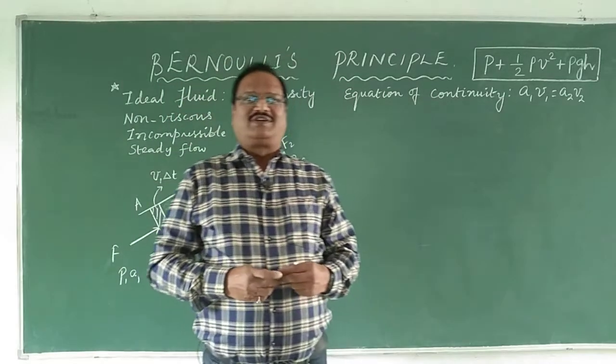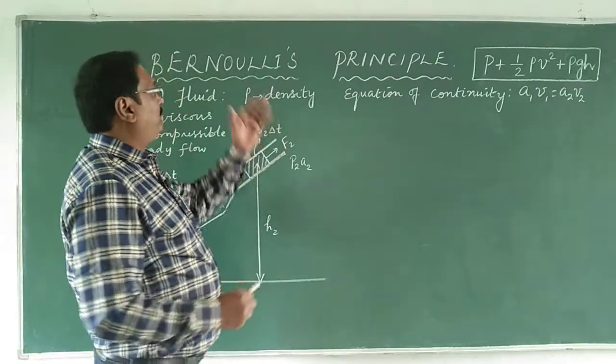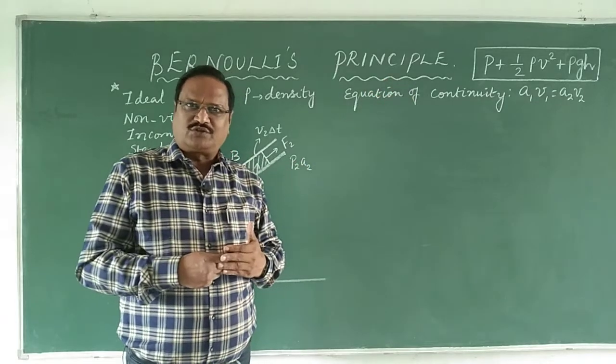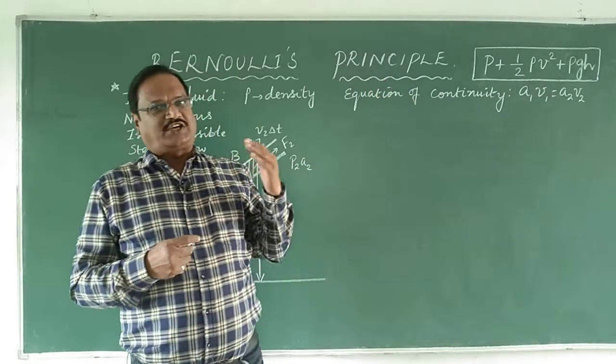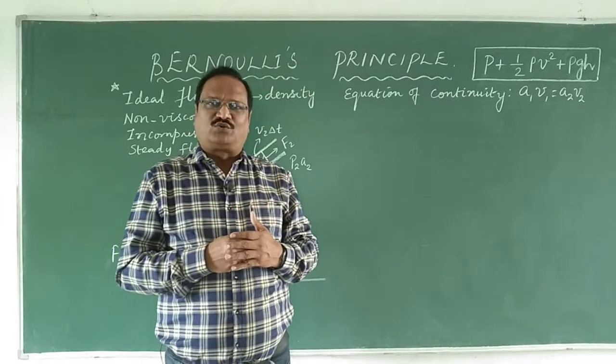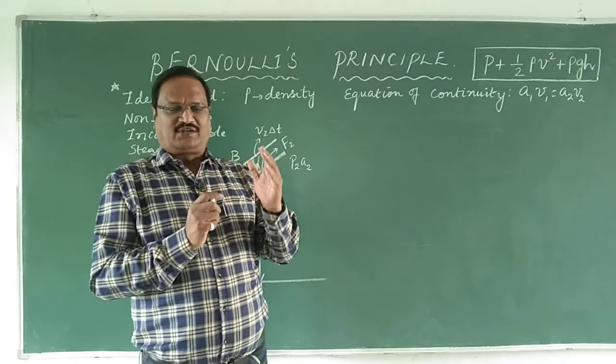Hello students, in this video we are going to study about Bernoulli's principle. In the previous videos we studied about steady flow and turbulent flow, and we moved on further to the three types of energies in a liquid flow.